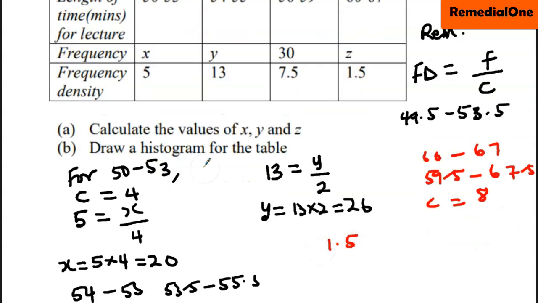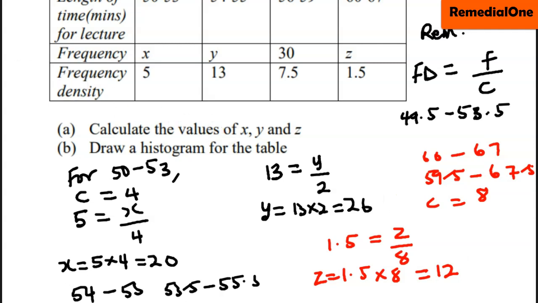Frequency density is equal to its frequency z over the class size 8. So z will be equal to 1.5 times 8. And what is 1.5 times 8? Which is giving us 12. Okay. So these are the values of x, y, and z.